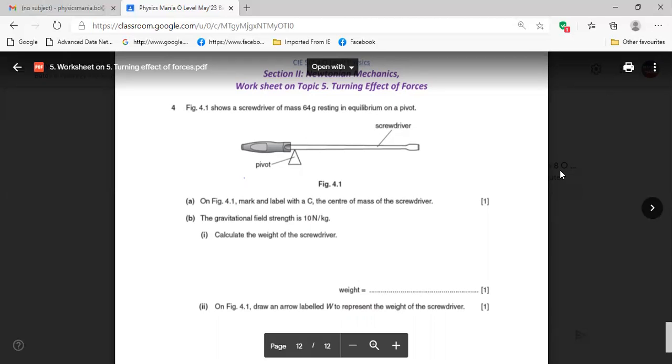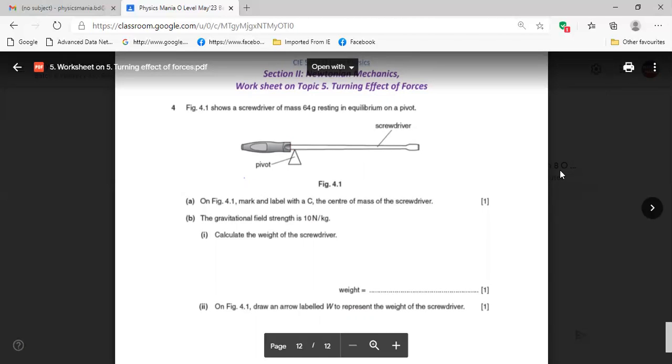The place where the pivot is, here is the center of mass. Yes. Next, weight.